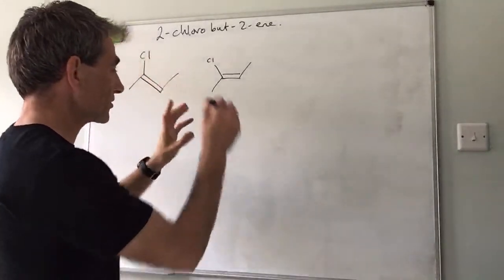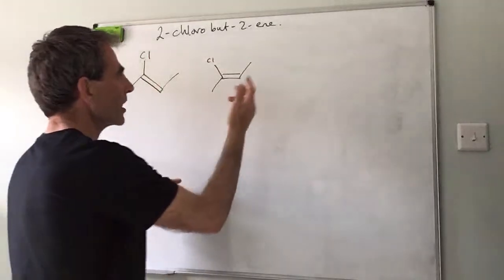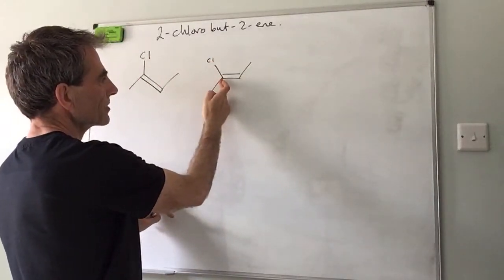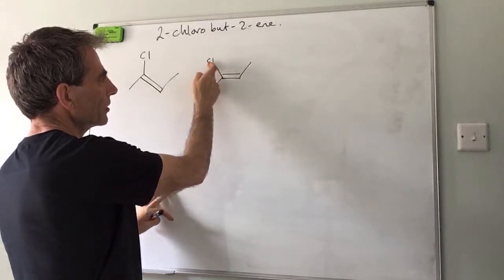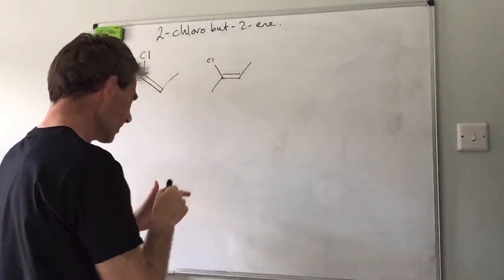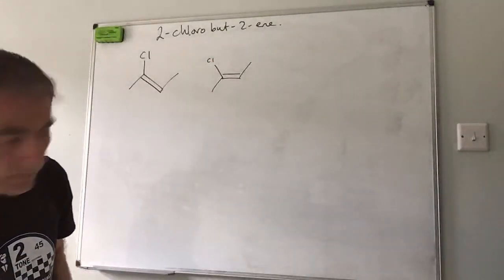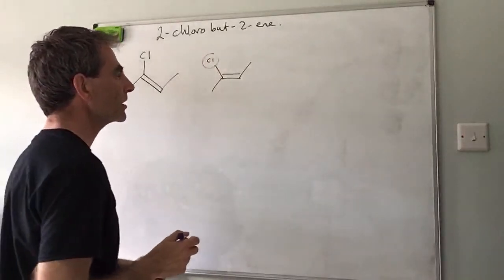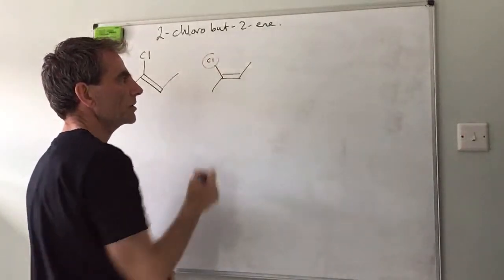Okay, let's just take it from absolute scratch, the beginning. So, priority on this carbon, chlorine versus carbon. Chlorine wins because it's got a higher proton number. So let's put a purple circle around the chlorine. Let's move on to this carbon.